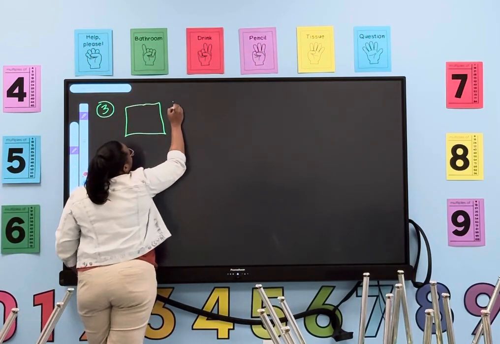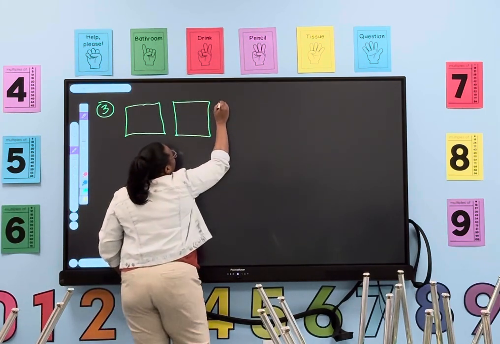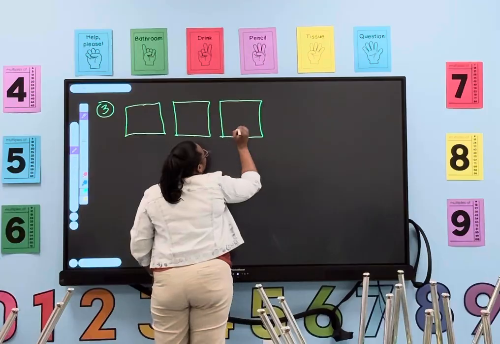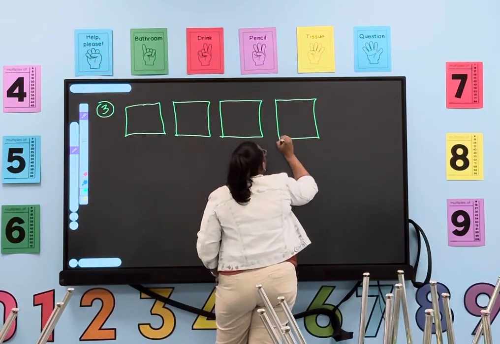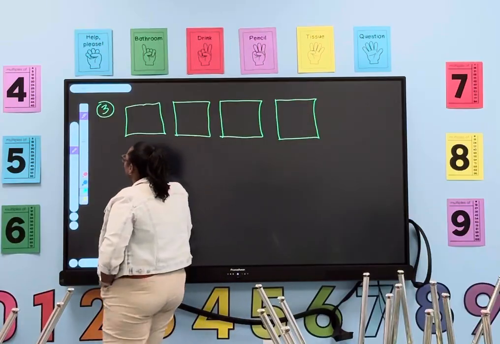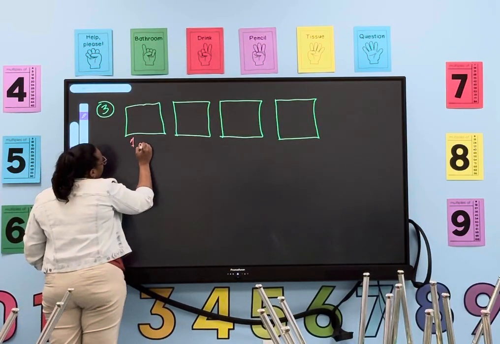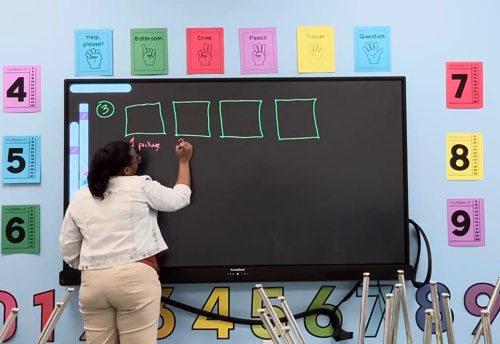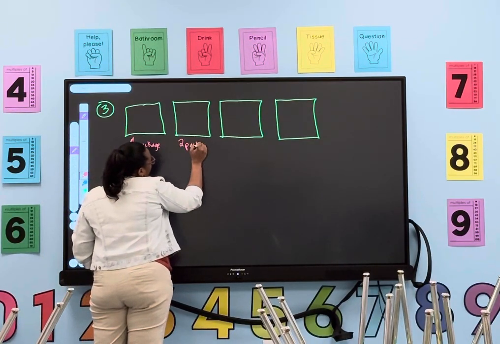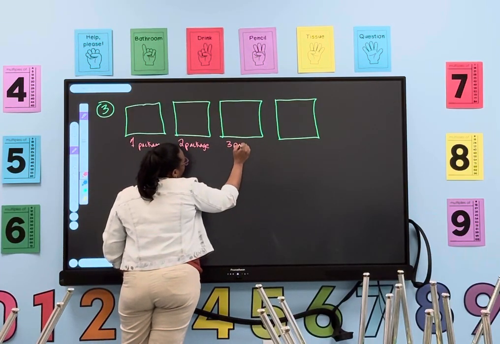So 1, 2, 3, and 4. Okay, so these are the 4 packages. I'm going to label them. This is the first package. This is the second package. And this is the third package.